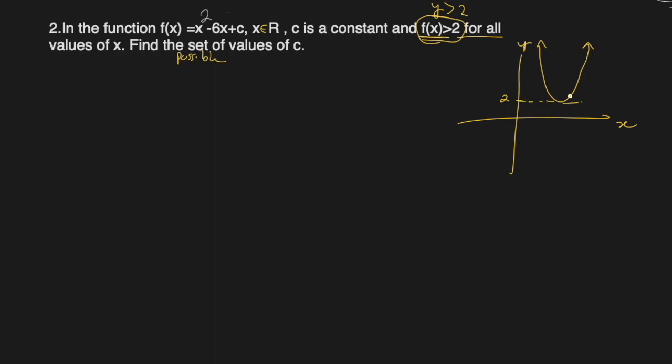It is not equal to 2, it is above 2, right? So let's assume that the y coordinate is 2 and the x coordinate is not a, let's make it p. (p, 2) is a point just below the vertex because it is not equal, so that's why I'm not saying it is equal to 2.